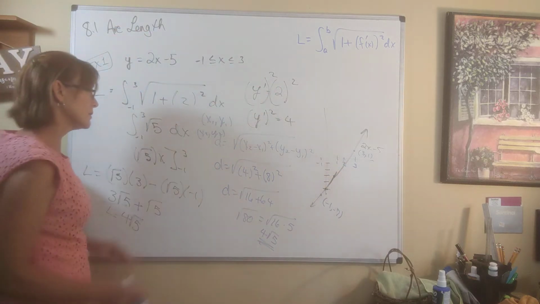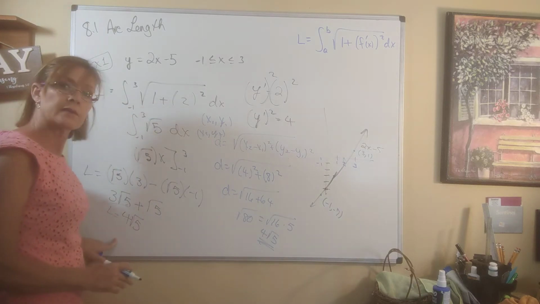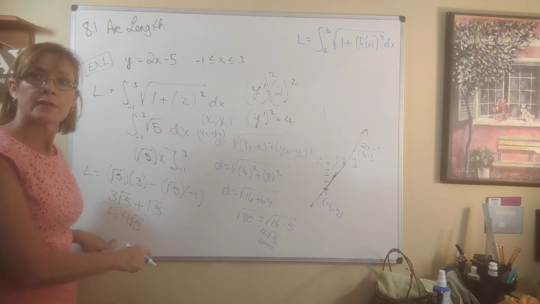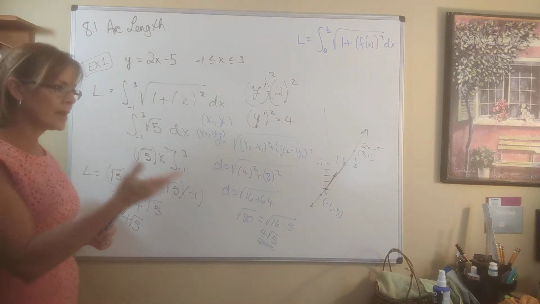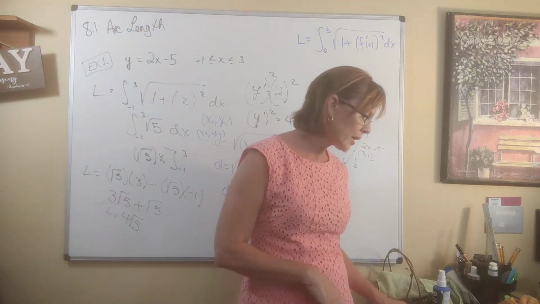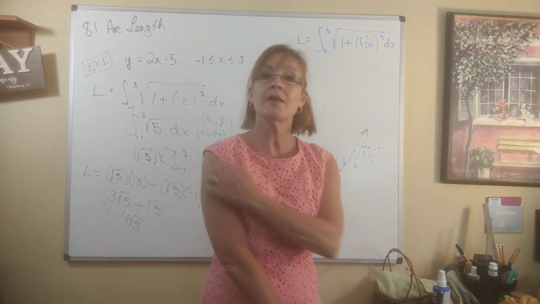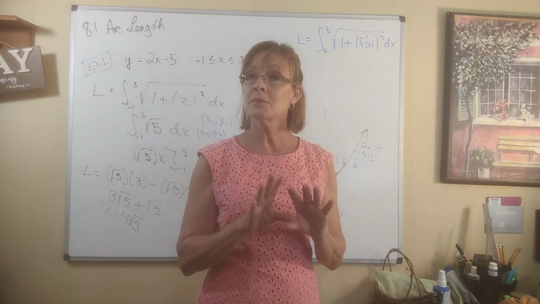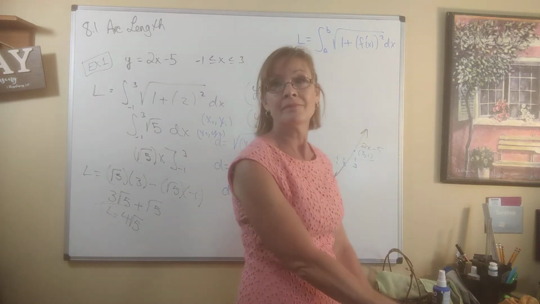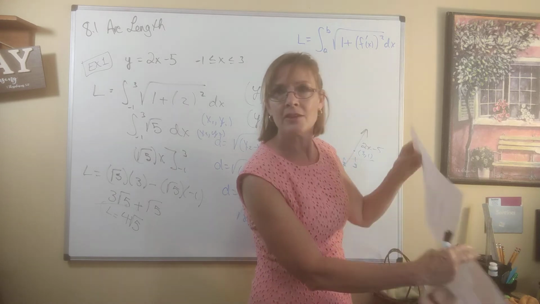And we calculated using the arc length formula that the length of that curve from -1 to 3 is 4 square root of 5. So that's a nice example to say, okay, this is a decent formula, we can use it. Also, if you look in your book on page 544 to 545, there's a really good explanation of how they derive this formula. So that is even more faith that you can have in this formula.